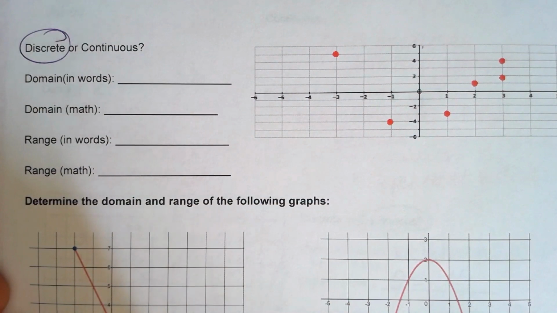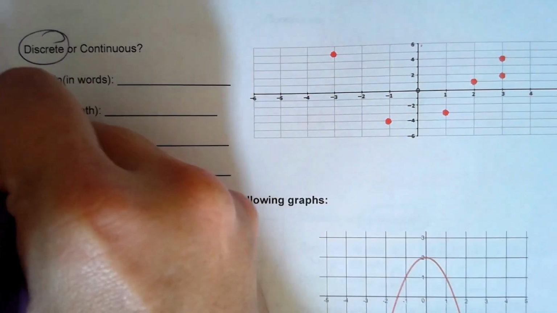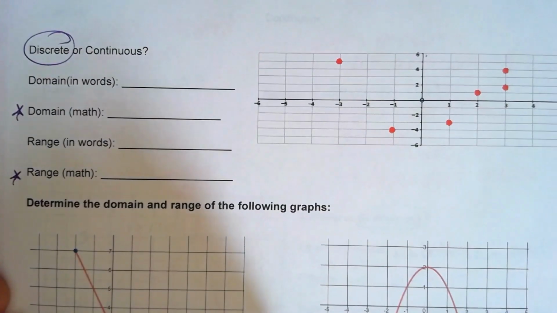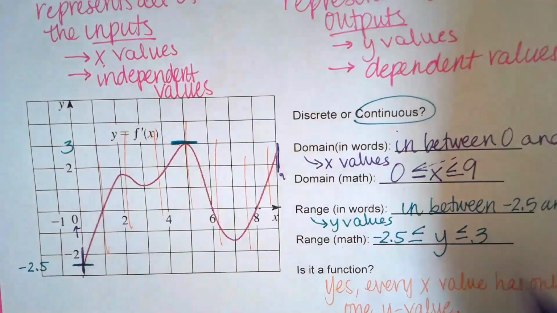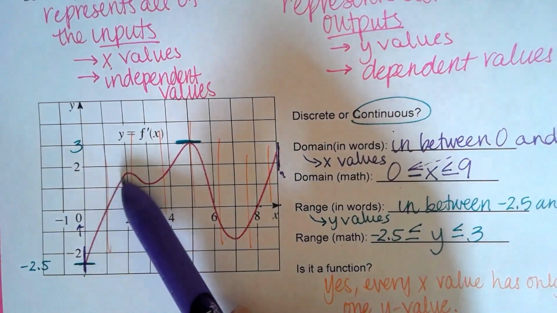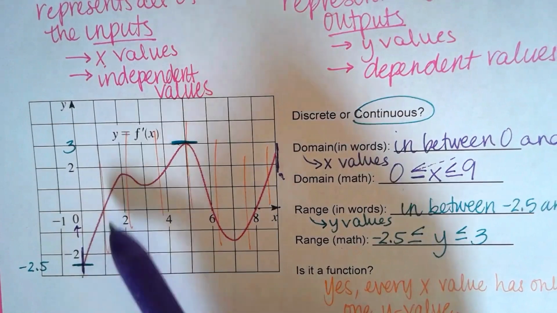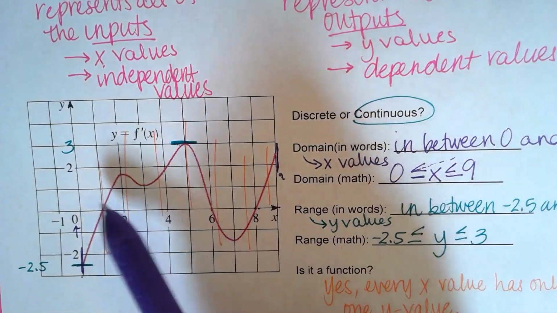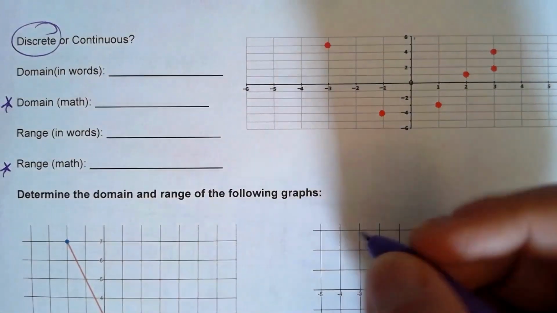And so that changes things for our domain and our range. Because it's not flowing, and like on these ones, we said it was 0 through 9 because it literally went all the way from 0 to 9. It covered every single x value, every decimal, every fraction in between 0 and 9, right? Well, when you have a discrete problem, that is not the case.